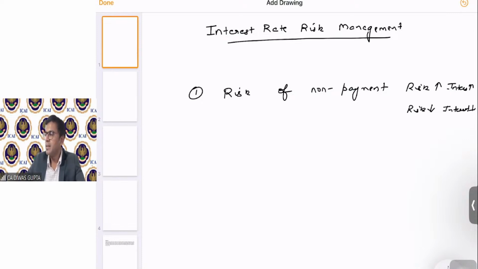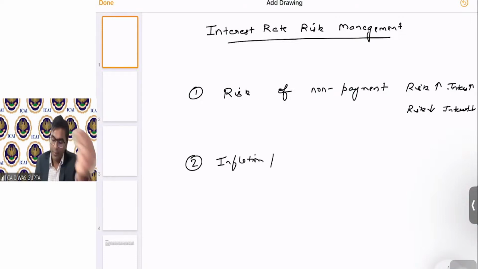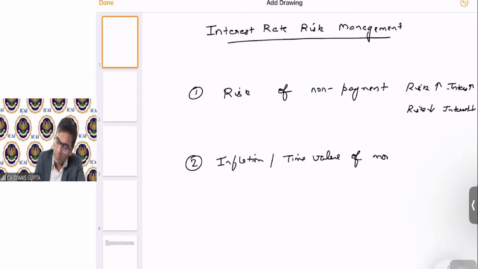That is perfect. Now, that reason for interest, the primary reason is risk, and another primary reason is the inflation. Or this we also call as time value of money. Now, what does inflation mean?